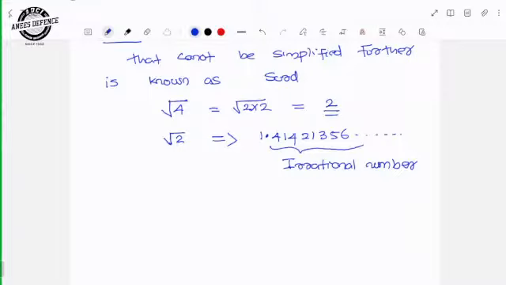Another example, 3.142857114. This is also a number, but the values after decimal are coming in a random fashion. Therefore, this is also an irrational number.